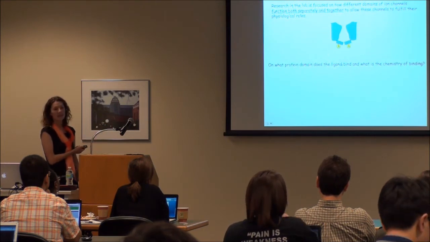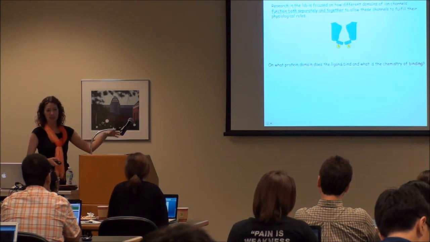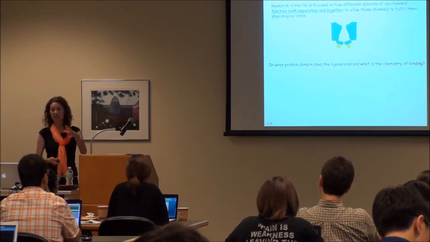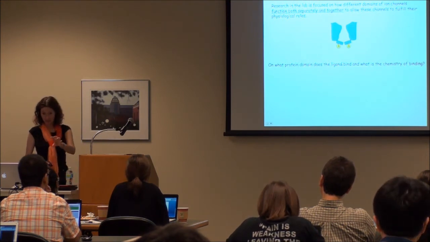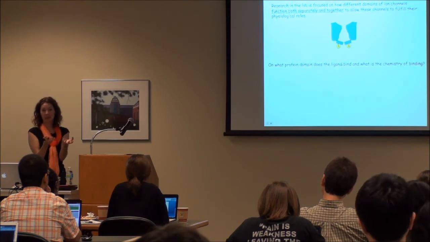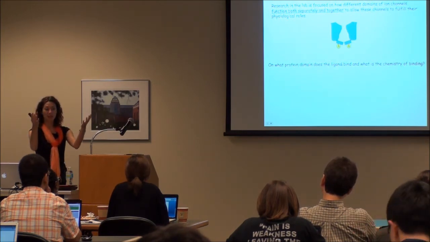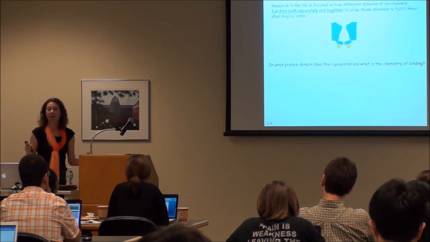How do ligands bind, and what is the chemistry of binding, right? I told you, let's say you have a channel that is responsive to cyclic AMP, which is a second messenger. Cyclic AMP has to bind to your gate or somewhere near the gate. Then some conformational changes will occur, and then you have to transmit that motion to the pore, so that it opens the pore. So how does this work?